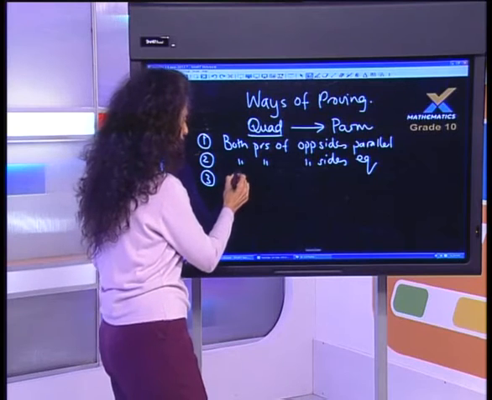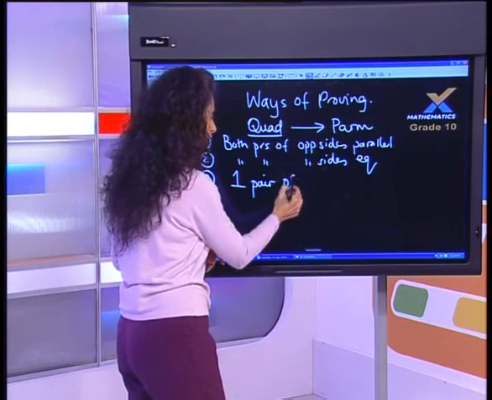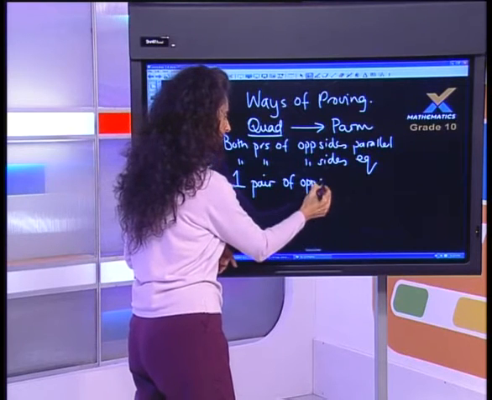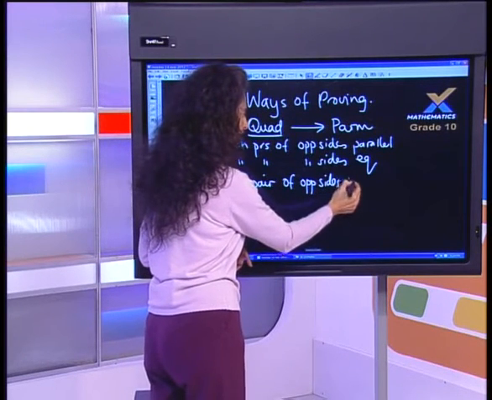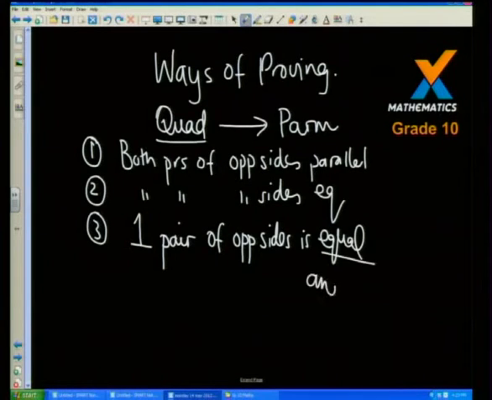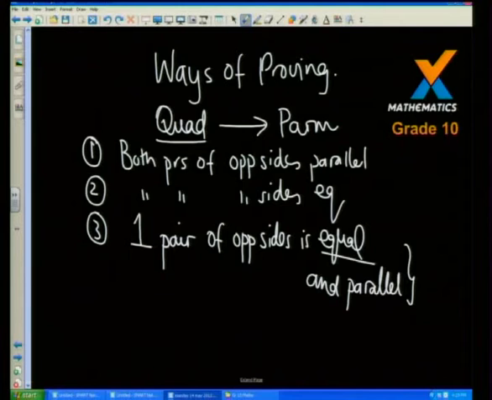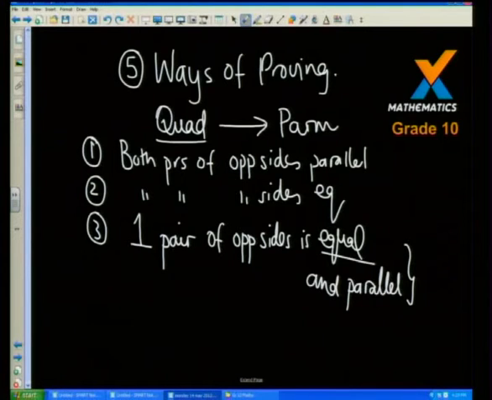If we just look at one pair, if we can prove that one pair of opposite sides is equal as well as parallel, then we have proved that it's a parallelogram. So one pair. Whereas with the parallel sides, we have to prove two pairs. Sides equal, we have to prove two pairs. With one pair of sides equal and parallel, that is one of the ways. In fact, there are five ways of proving a quad a parallelogram.